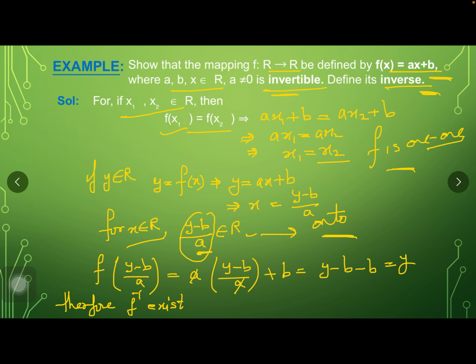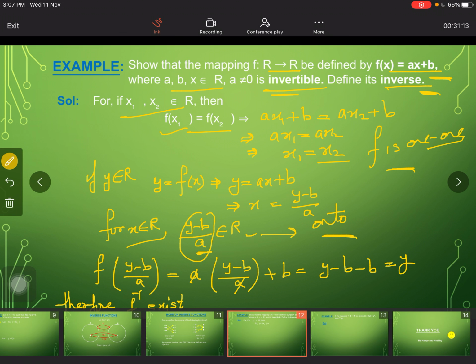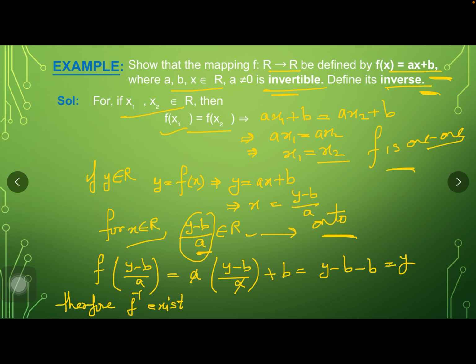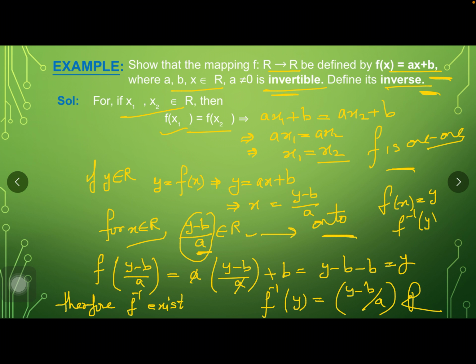Therefore f inverse exists, right? So what is the f inverse? Here we have f((y minus b) upon a) equal to y. So we can say that our f inverse(y) is (y minus b) upon a.